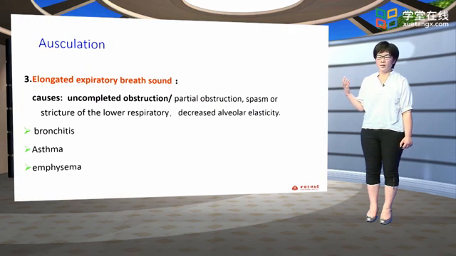When you do the auscultation, you have an elongated expiratory breath sound. Sometimes you hear wheezing. Normally, elongated expiration breath sound is because of stricture of the lower respiratory bronchioles.